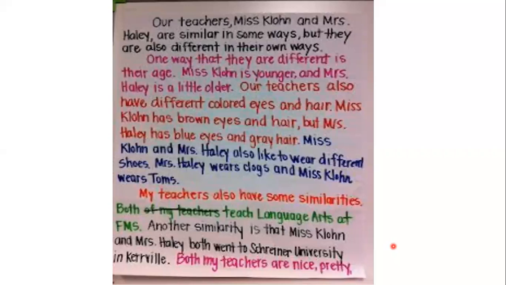Here's another sample, a sample for an essay. You have the introduction. Okay, they're comparing between two teachers. Then they started with the body here. They're showing me one way they are different. The teachers are different is their age. This teacher is younger than the other teacher.